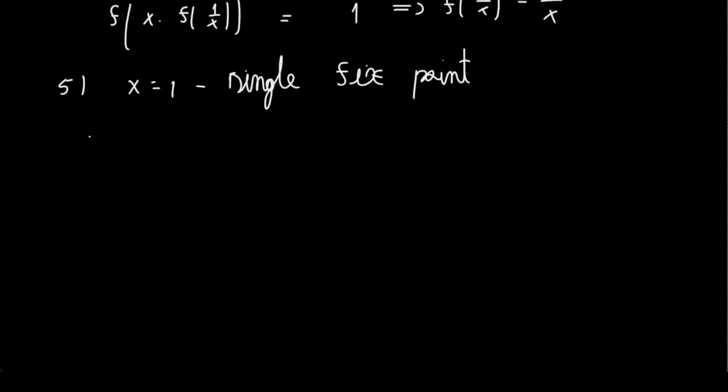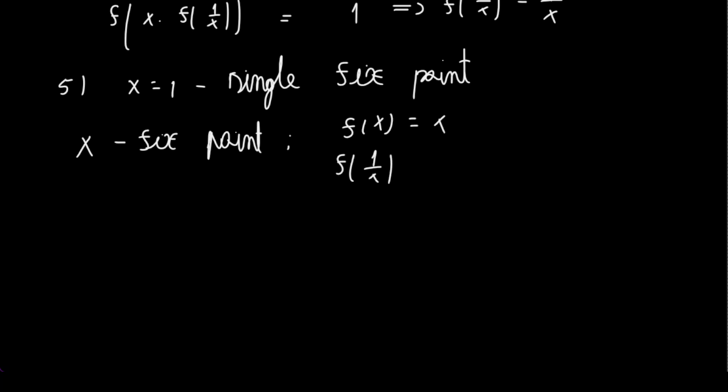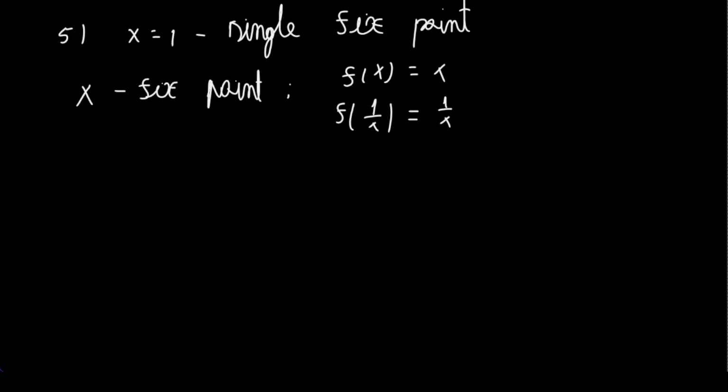Let's consider x a fixed point, and also I have that f(x) is a fixed point, and from the previous claim I will have also 1 over x. So I suppose that there exists t greater than 1 which is a fixed point.